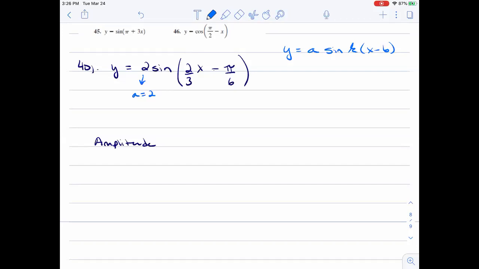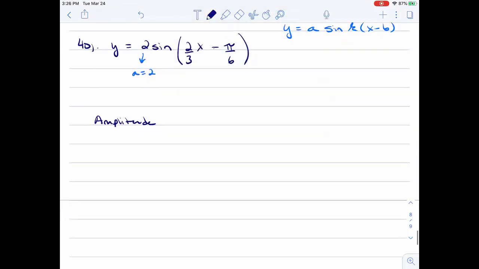And what I've got is k times x minus b. So here's the problem: k is on the outside, times x minus b, and I've got 2 over 3 times x minus pi over 6. So I'm going to have to pull out a common factor here, and that's my k. I need x on its own here, so I need k to be 2 over 3. So whatever I have to do to pull 2 over 3 out of pi over 6, that's what I have to do.